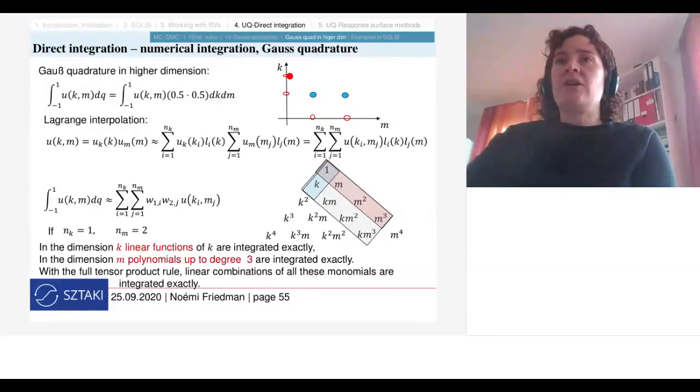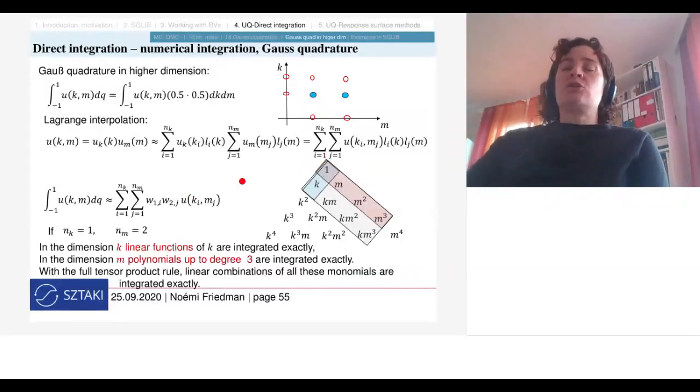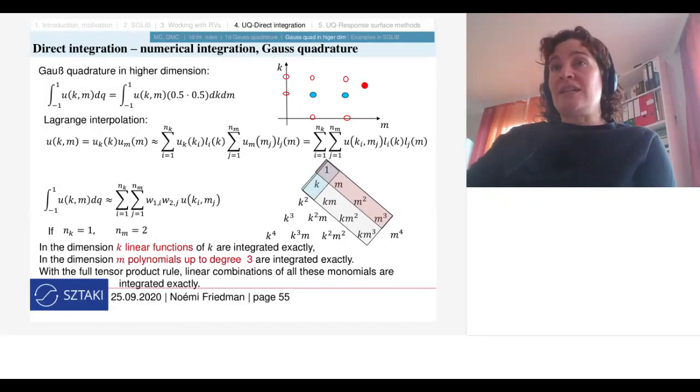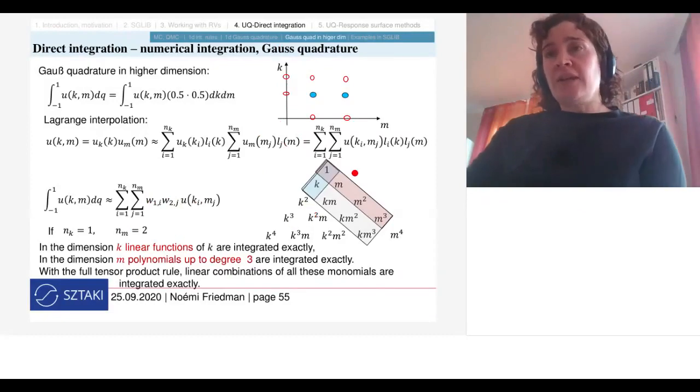If I would have another point in this direction, I would have another 2 points here and there. Okay, so I can choose different point rules in different directions, and I take the tensor product, so this all combination of those coordinates, and the weights I compute from the product of the univariate rules weights. So it's not complicated, but what I have here is the following.